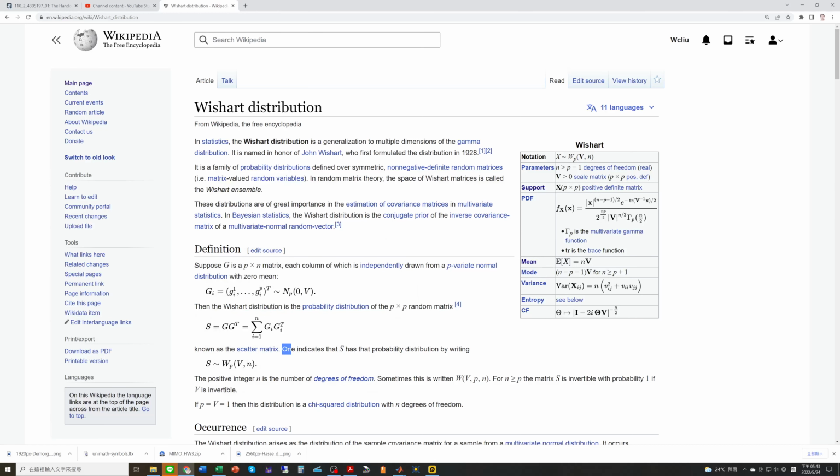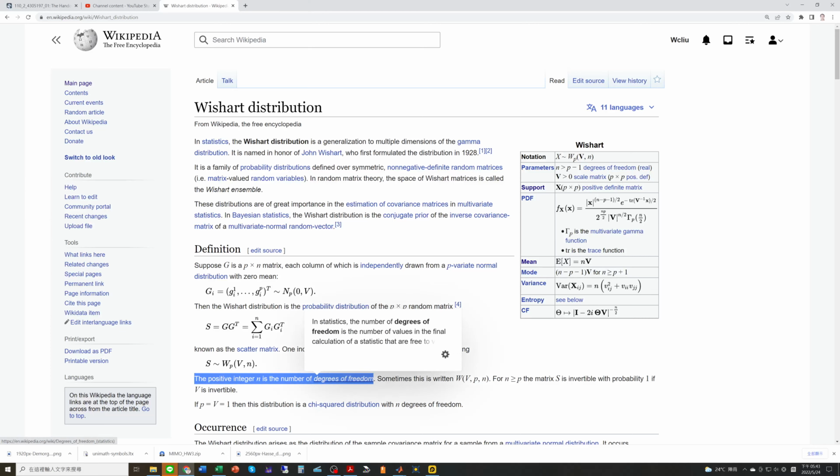One indicates that S has that probability distribution by writing S obeys W_p(V, n). Okay, the positive integer n is the number of degrees of freedom. Sometimes this is written W(V, p, n).